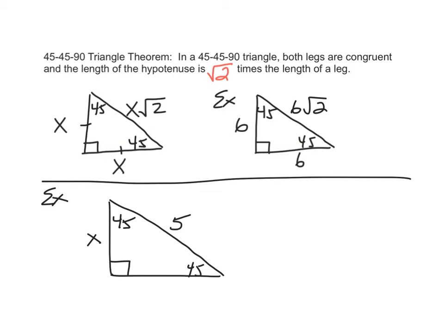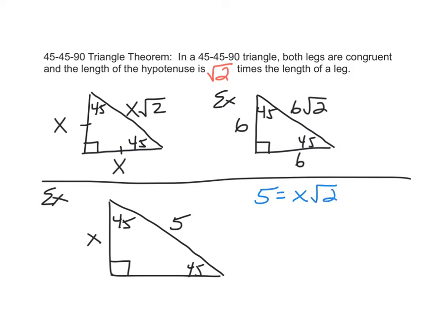Well, you can do it a couple different ways, really, but this theorem up here says that this is this times root 2. Well, this is 5. Again, look at this, it's saying that 5 should equal x root 2.